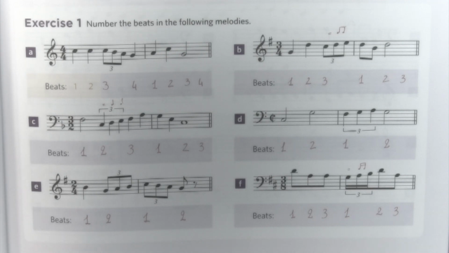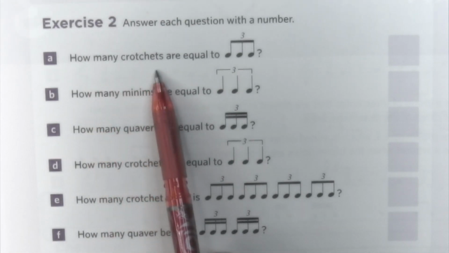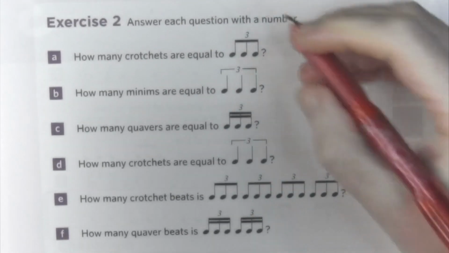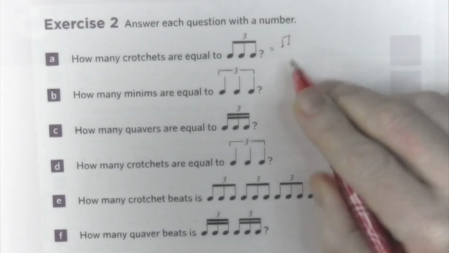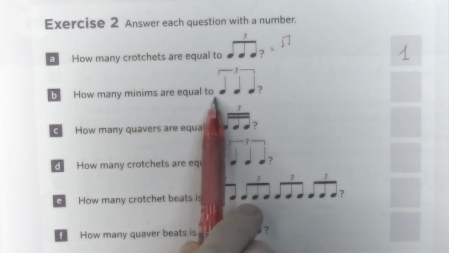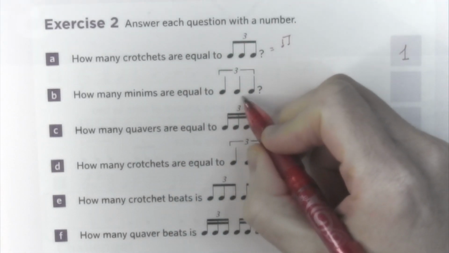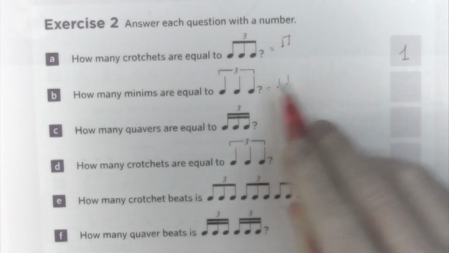Exercise 2. We need to answer the questions by adding a number. How many crotchets are equal to 3 quavers as a triplet, which is equivalent to 2 of the same kind? So 1. How many minims are equal to 3 crotchets as triplets, which is equivalent to 2 of them? 1 minim.